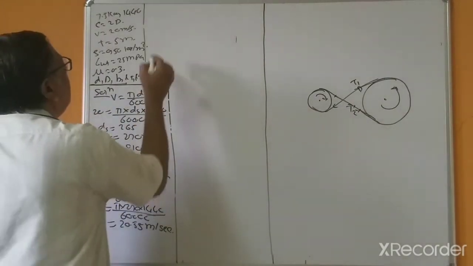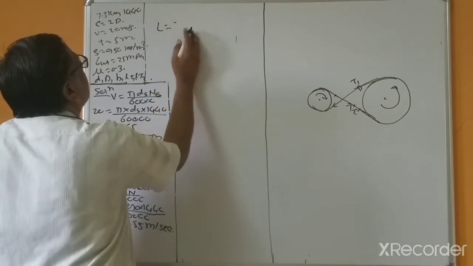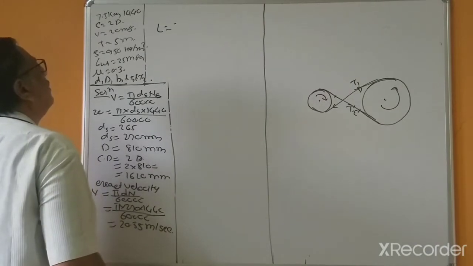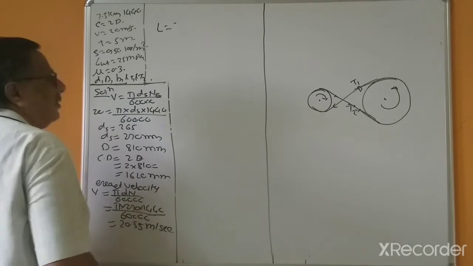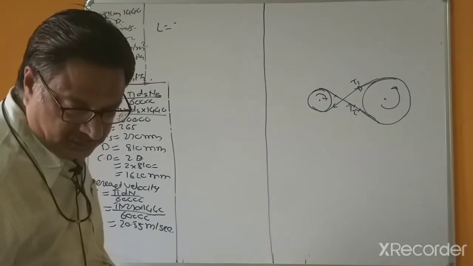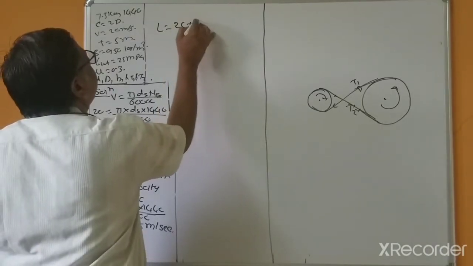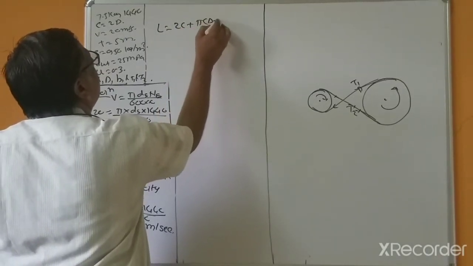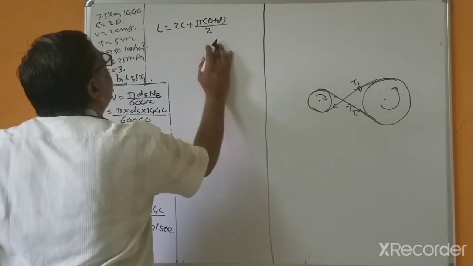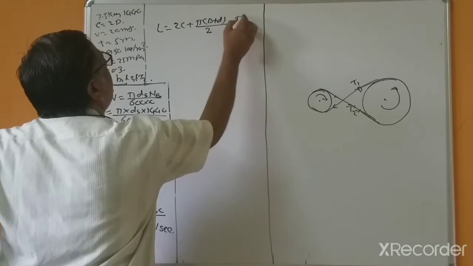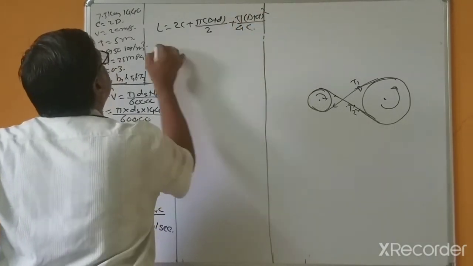Next, length of the belt equal to 2c plus pi (D plus d) divided by 2 plus, this is a cross belt, (D plus d) squared divided by 4c.